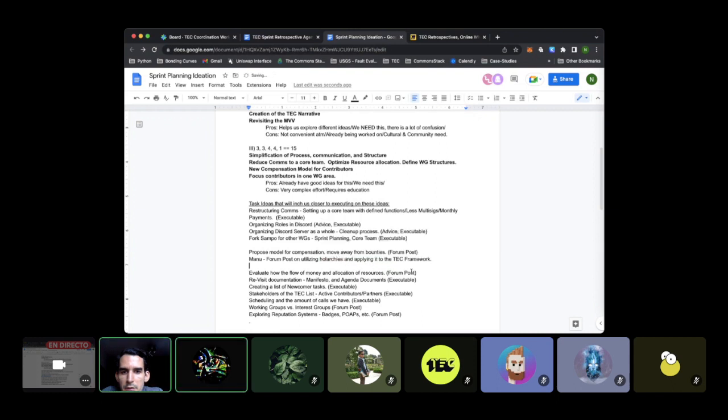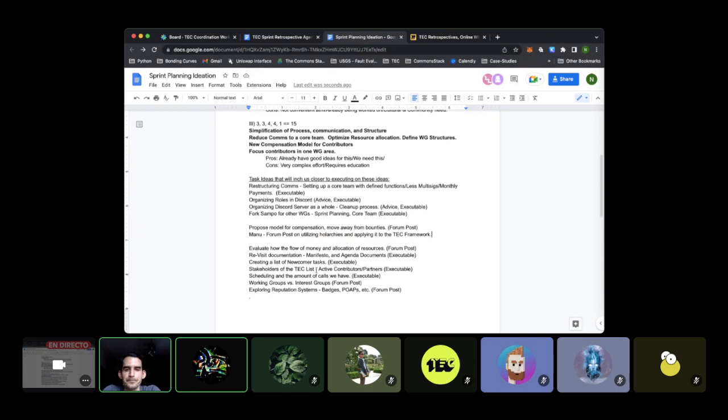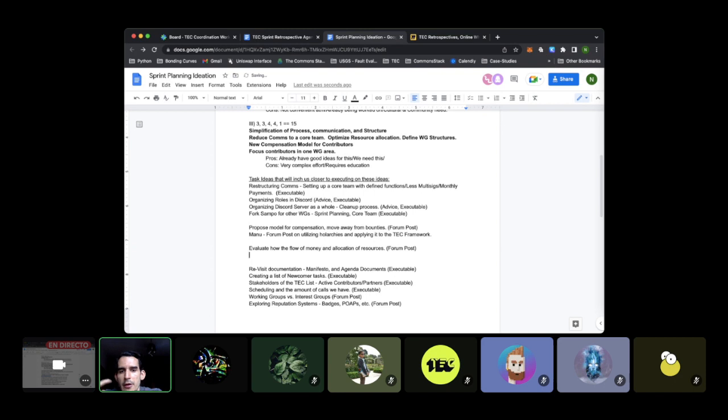Okay. And you said you had another one here in this list? Yeah, evaluate how the flow of money and allocation of resources. Okay. It goes into the first one. Sort of like the holons, holarchies, and holonic network, like that model of production, it ties into both.